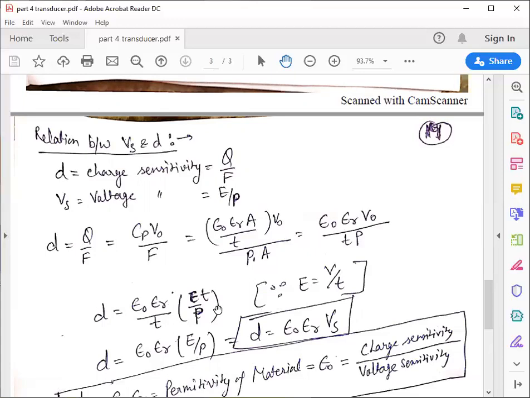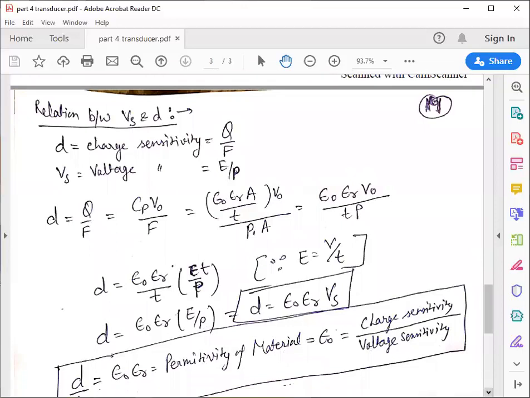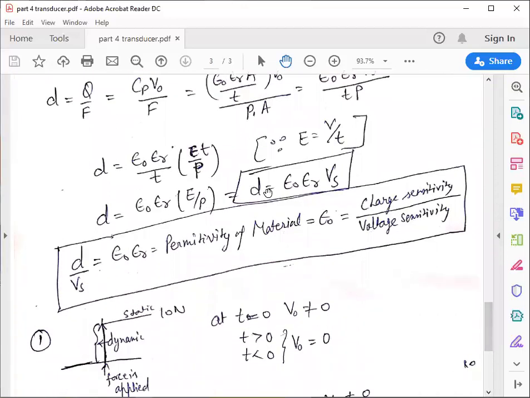So we write here Et. T cancels out, then we get D is equal to epsilon naught epsilon r into E by P. E by P is our voltage sensitivity. So D is equal to epsilon naught epsilon r into Vs, and D by Vs is equal to epsilon naught into epsilon r, which is equal to the permittivity of the material.